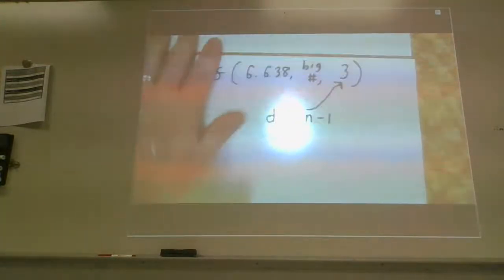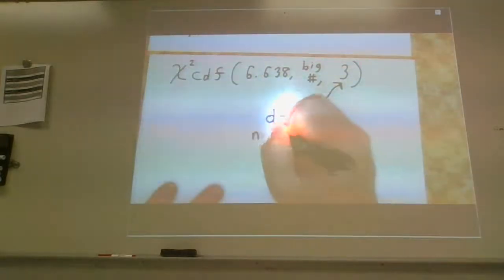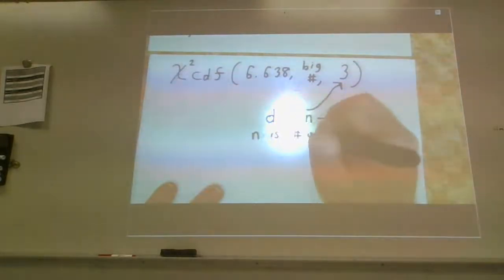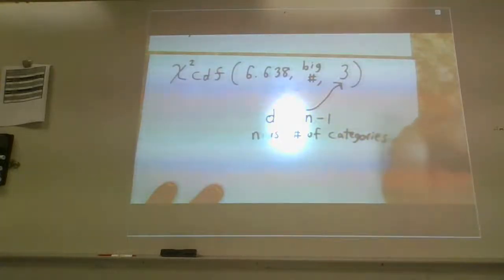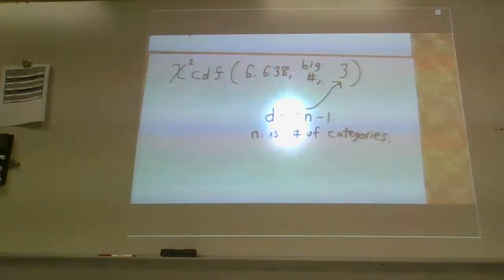But n is the number of categories. It's not the sample size for this particular type of test. It has to be the number of categories. And in this case, there are 4 categories for your tongue and your earlobes. So you have to put a 3 in there.